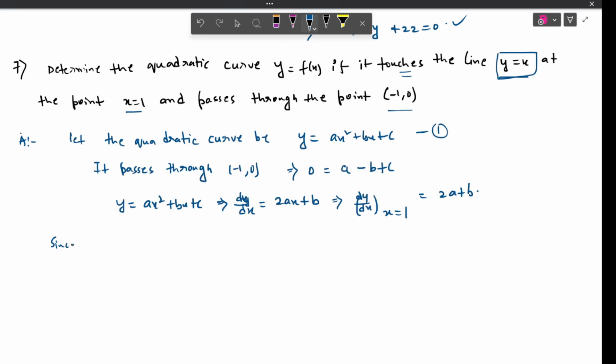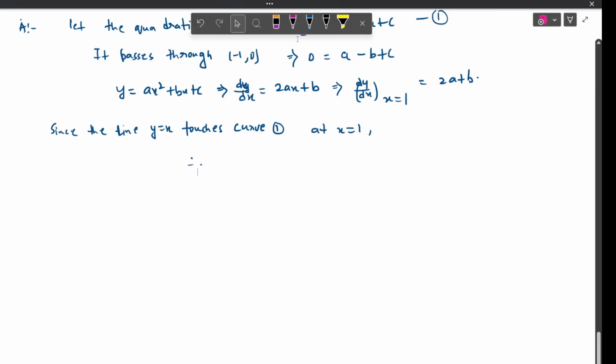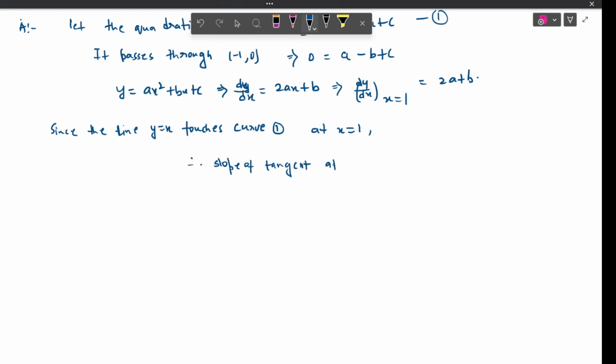So since the line y equals to x touches curve 1 at x equals to 1, so we can say slope of tangent at x equals to 1 should be equal to slope of line y equals to x.